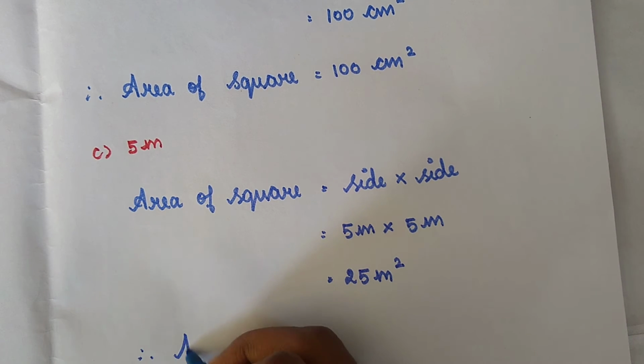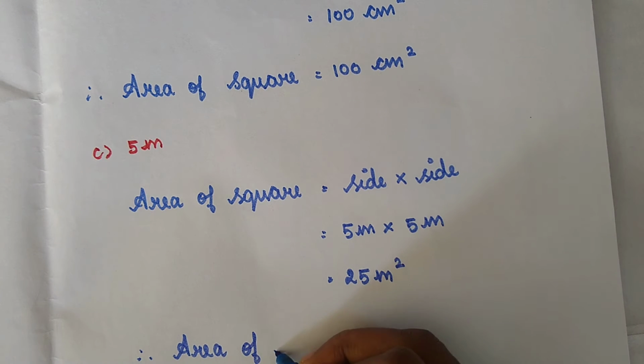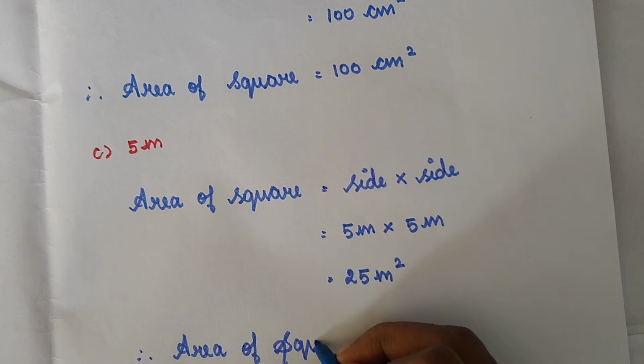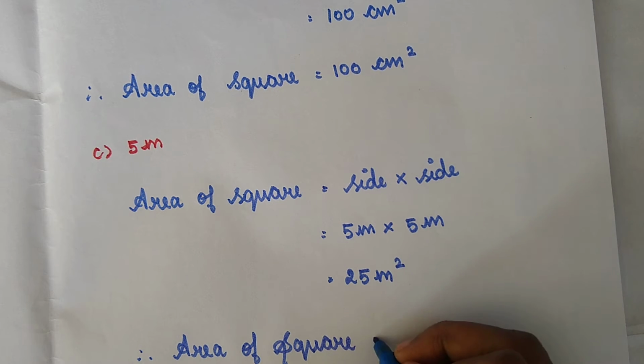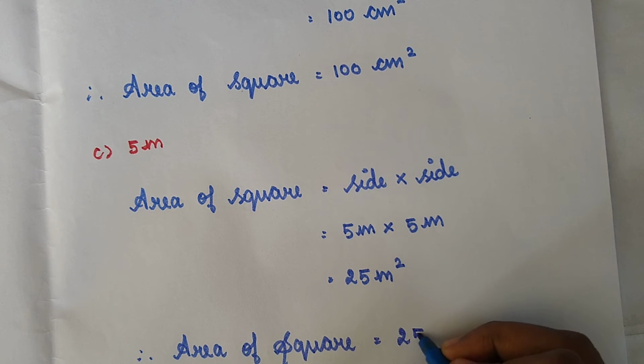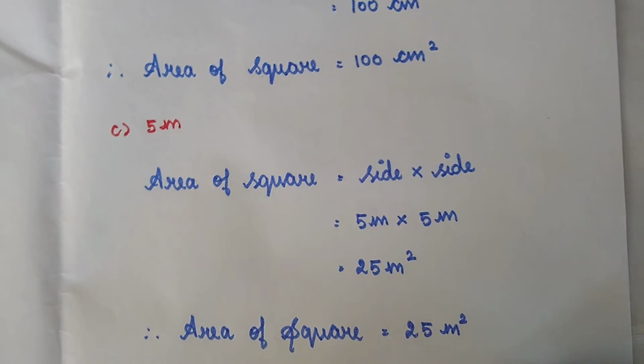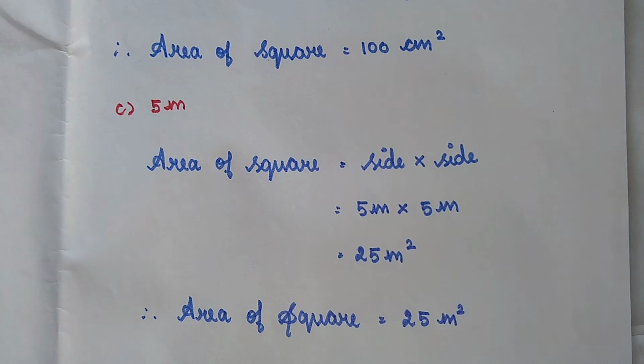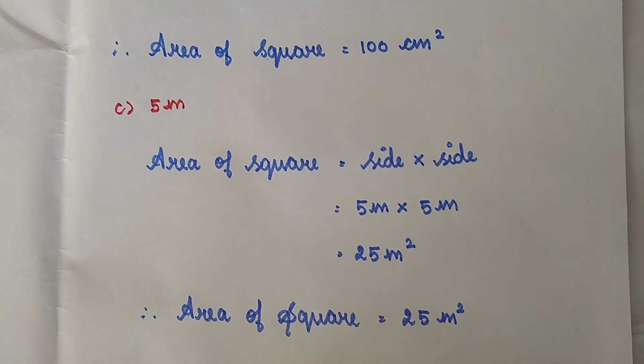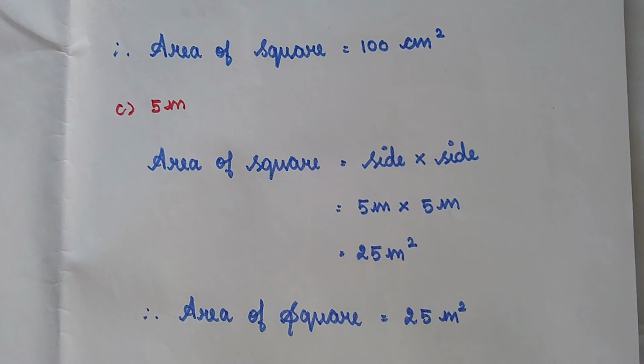So therefore, area of square equals 25 meter square. Second sum is over.